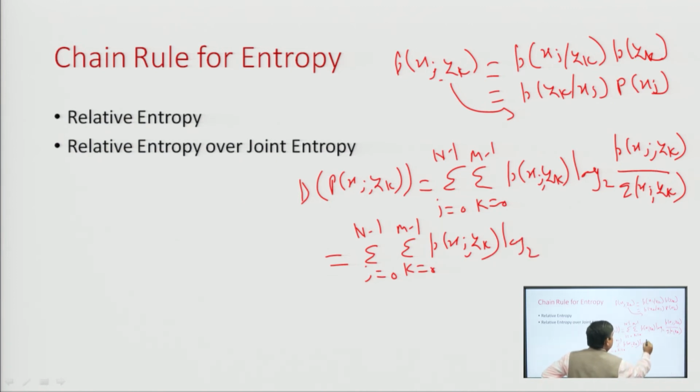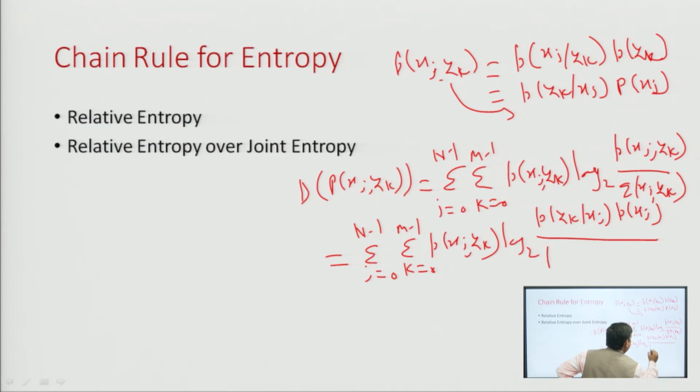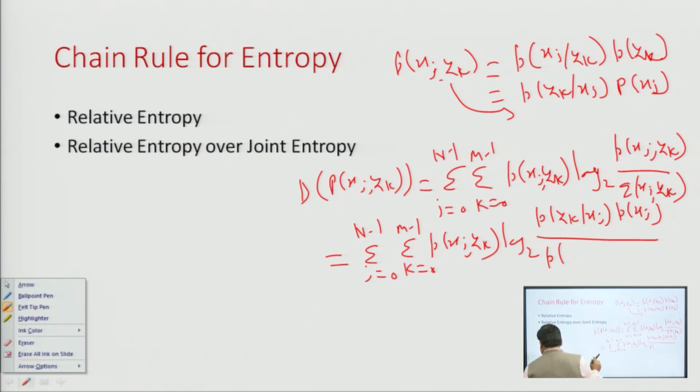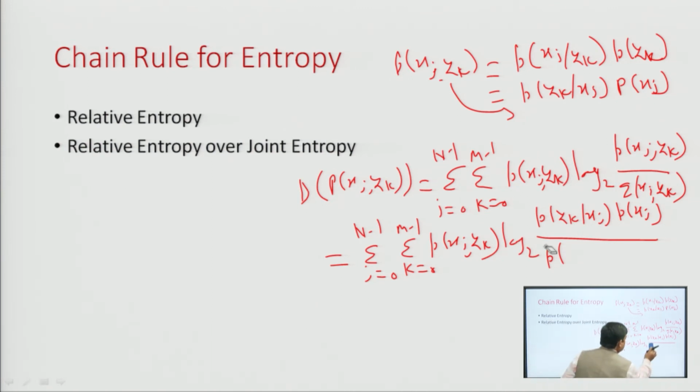This part can be written as p(y_k upon x_j) into p(x_j) divided by q(y_k upon x_j) into q(x_j). Okay.